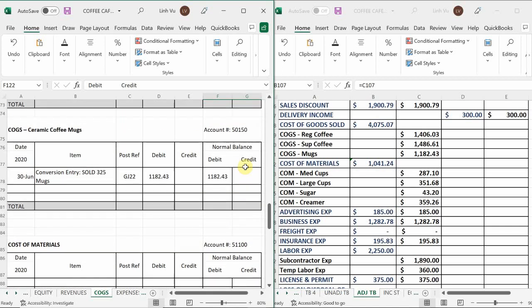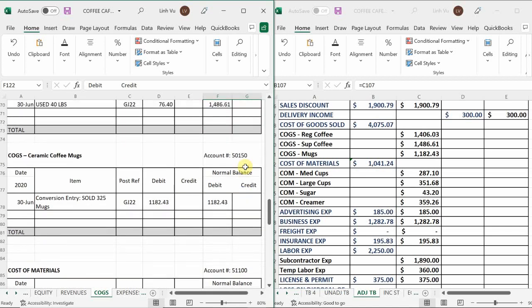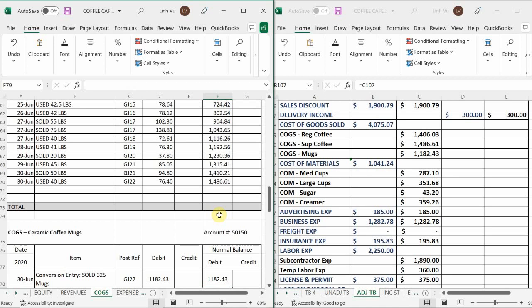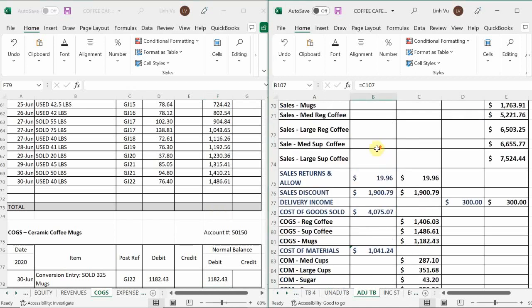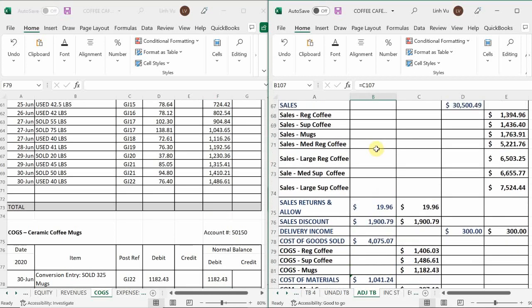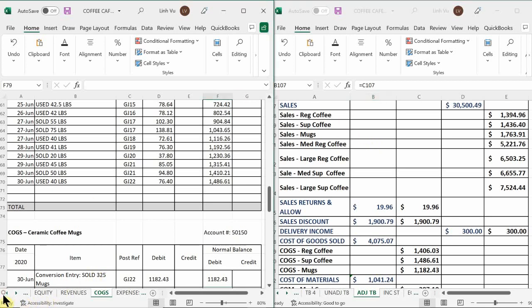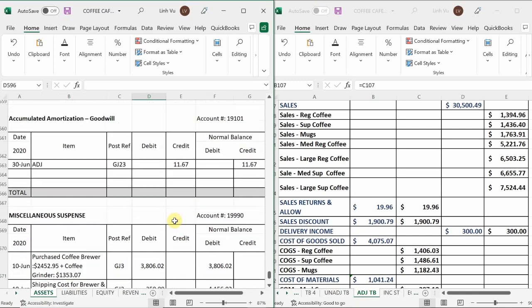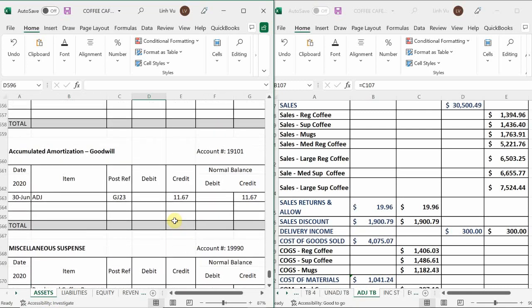Yes, that's correct. Then we added 1182.43. Okay. Nothing to sales, so that means it's got to be one of these numbers that we typed in here for the accumulated.